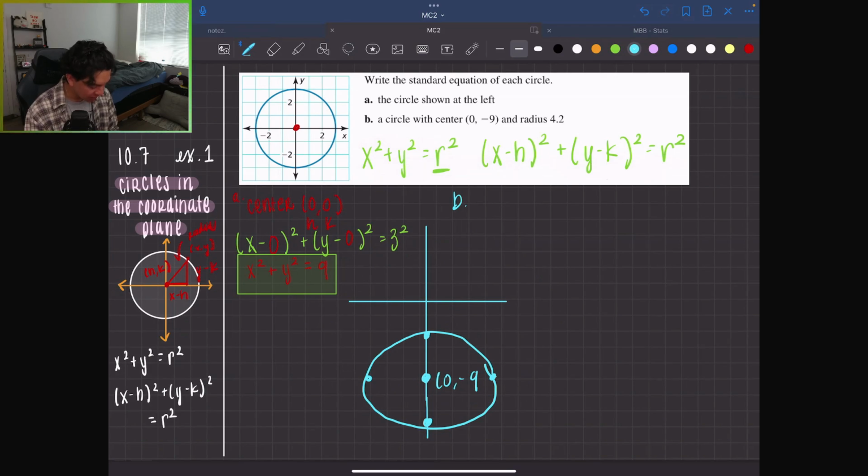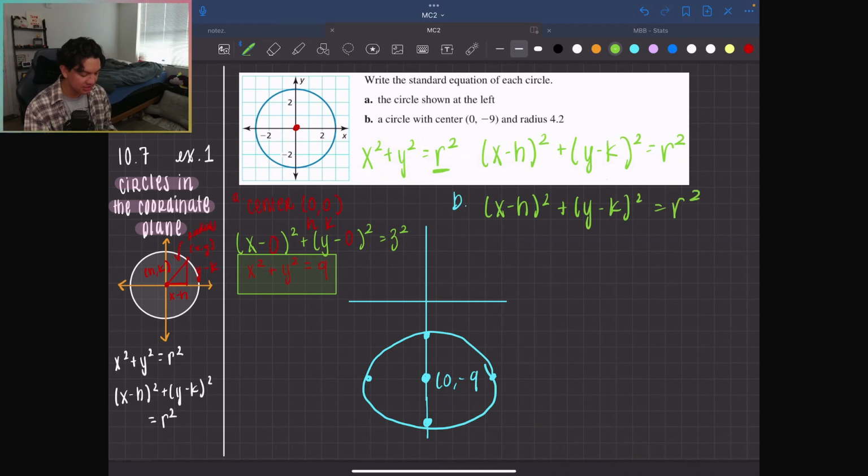But let's go ahead and derive it from this formula. We have x minus h squared plus y minus k squared equals the radius squared. This is our standard formula for a circle. And let's go ahead and substitute these values. So remember, h is our horizontal shift, and k is our vertical shift. So where do we notice that the circle is shifting from the origin?